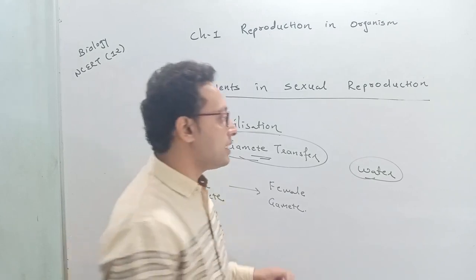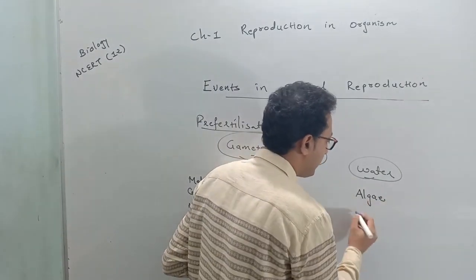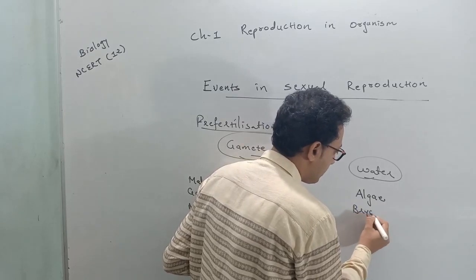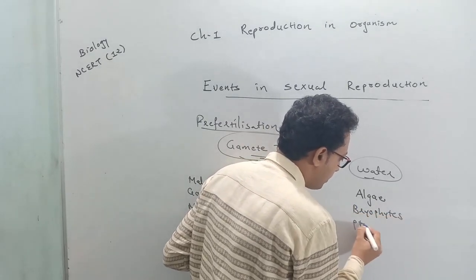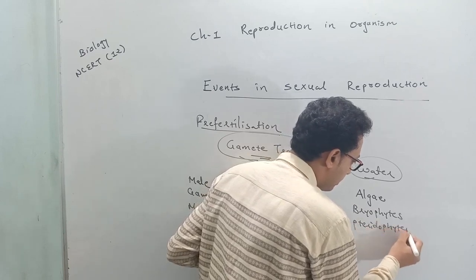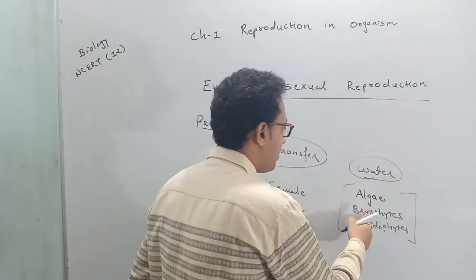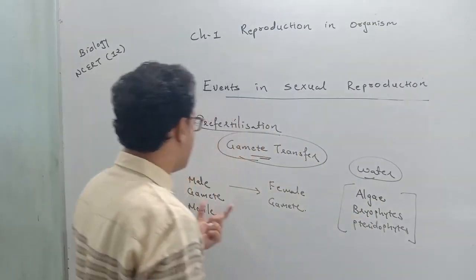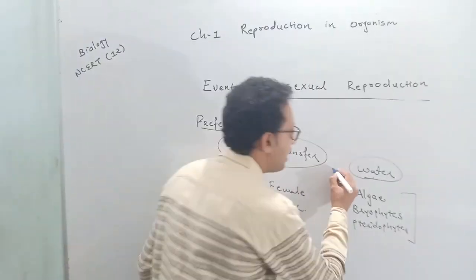In which cases does this happen? This happens in the case of algae, bryophytes and pteridophytes. So in these three examples, algae, bryophytes and pteridophytes, the male gamete is transferred to a female gamete with the help of water.